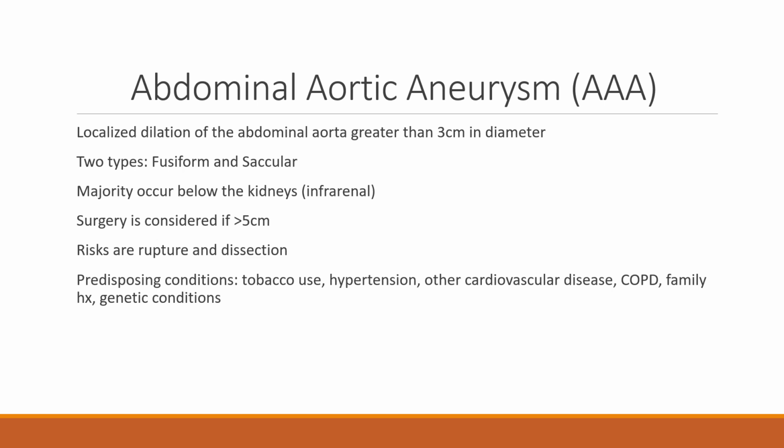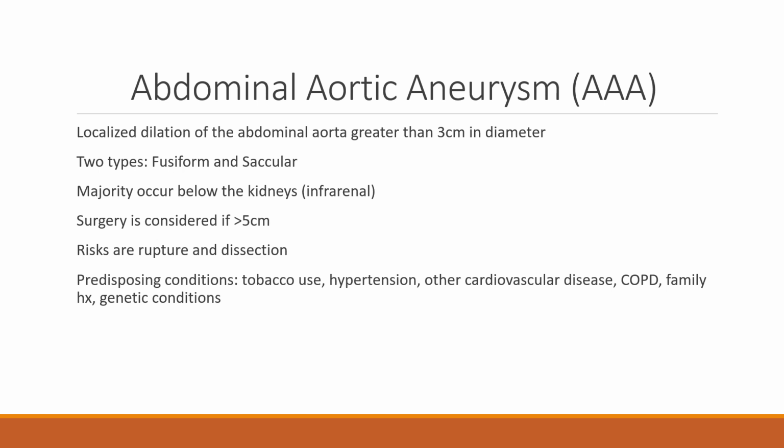All right, the ones we're specifically going to talk about today are aortic aneurysms. This is any localized dilation of the abdominal aorta greater than 3 centimeters in diameter. So normal aortic diameter, if you'll recall, was anywhere from 2 to 2.7 centimeters.